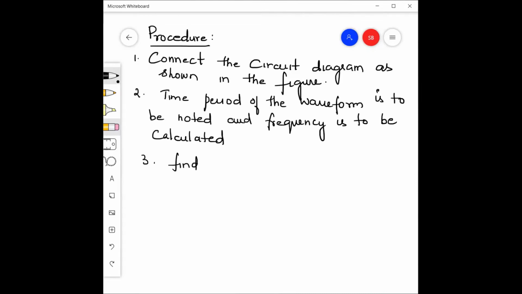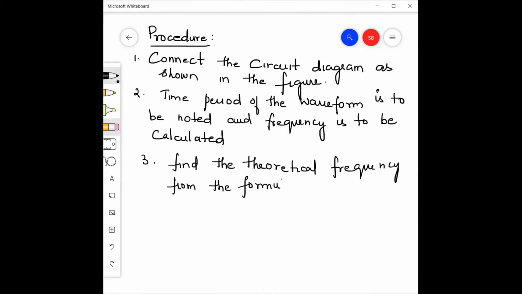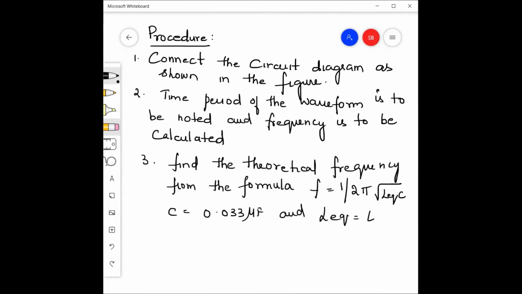Find the theoretical frequency from the formula: F equals 1 by 2 pi under root L equivalent into C. C equals 0.033 microfarads and L equivalent equals 4 millihenry plus 4 millihenry, which equals 8 millihenry.